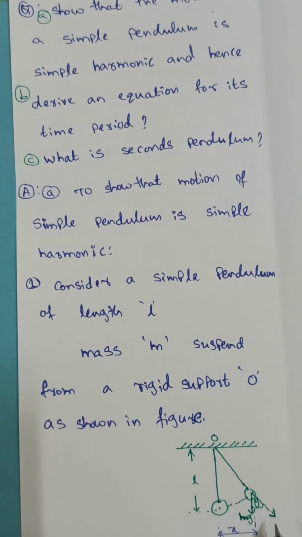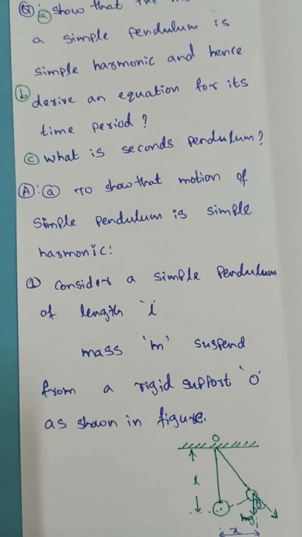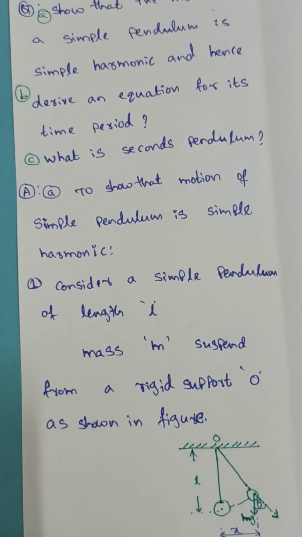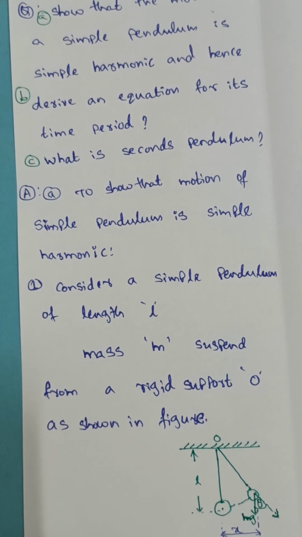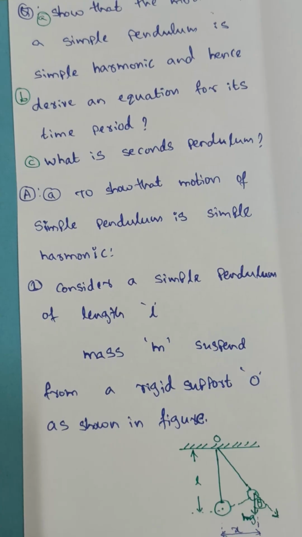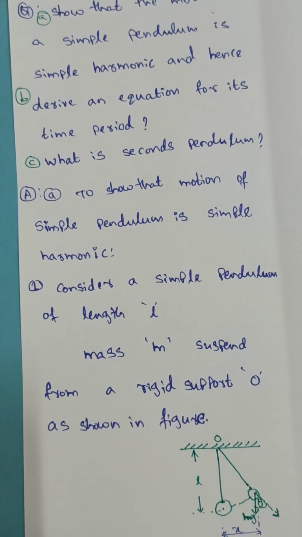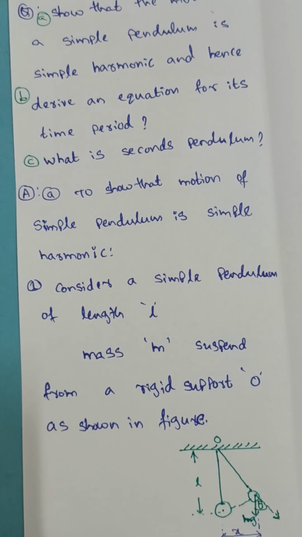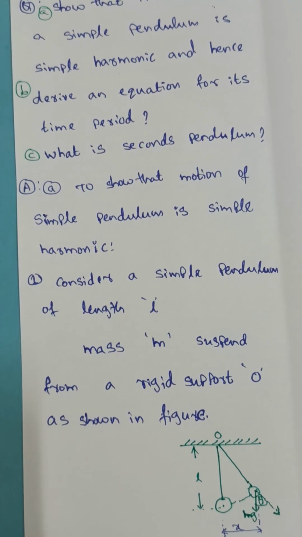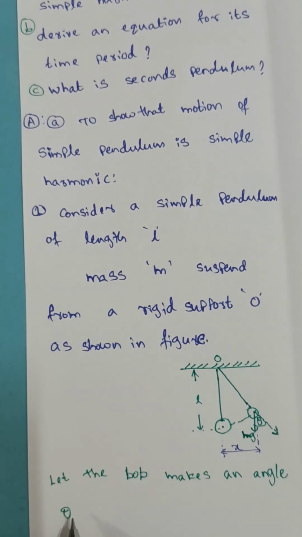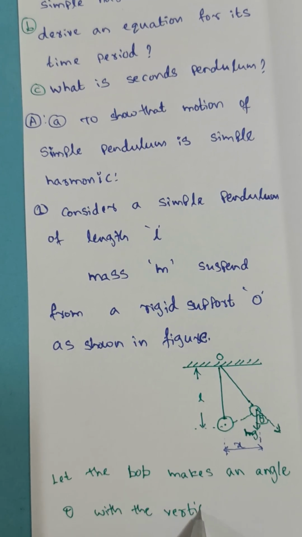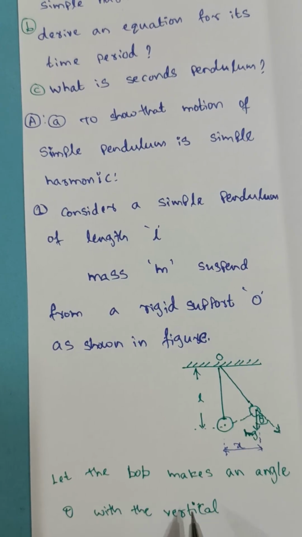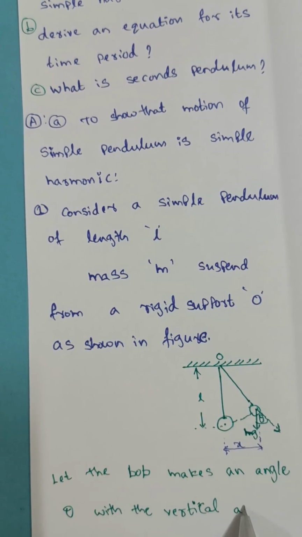So write that: let the bob makes an angle theta with the vertical at an instant.